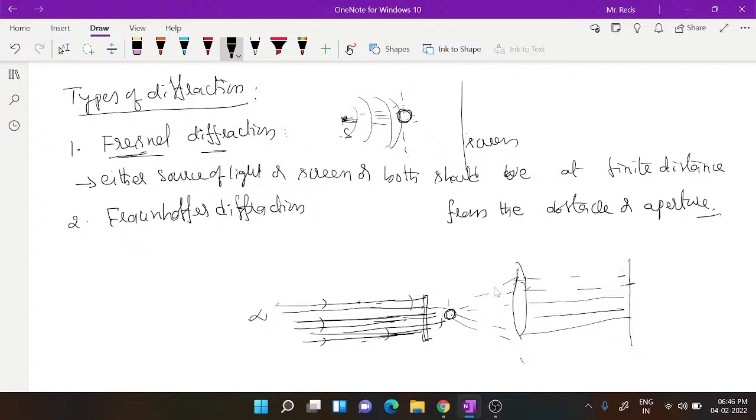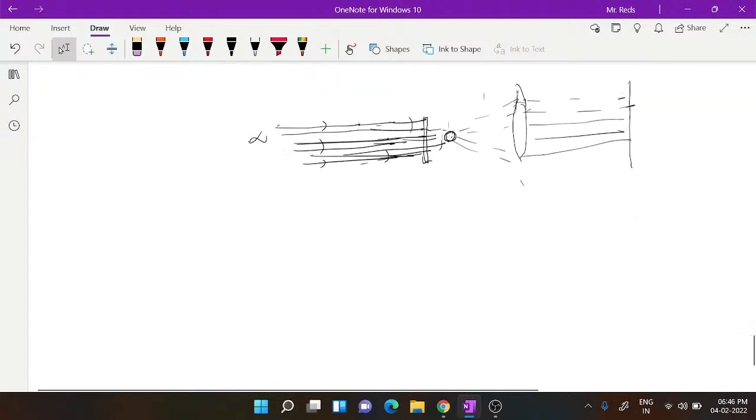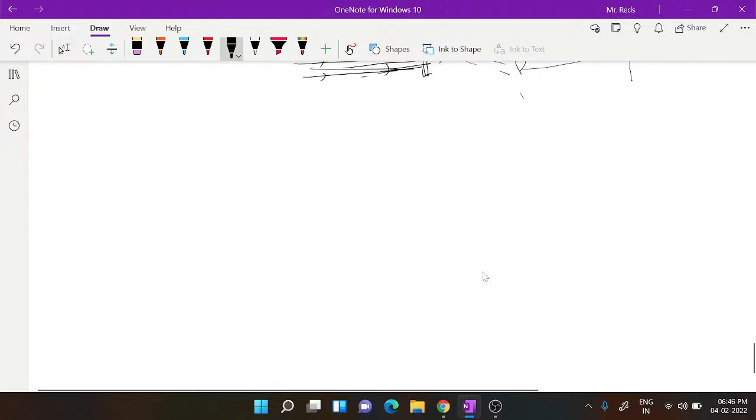Okay, so to understand more clearly, usually if you deal with a special kind of diffraction, that is diffraction by a single slit, all these things you can understand more clearly.